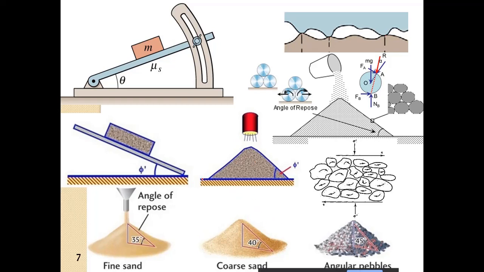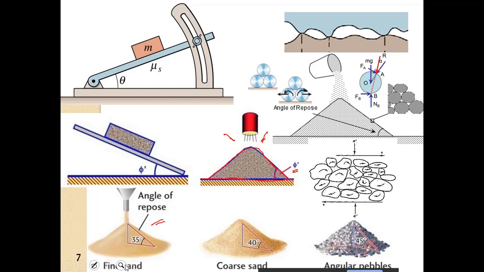Suppose there is a flat surface. We pour the sand, and it will arrange itself into a mound of this kind. The angle of the mound will depend on the interparticle friction of the material.